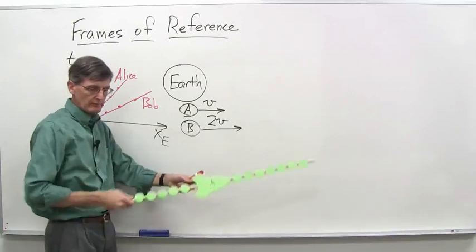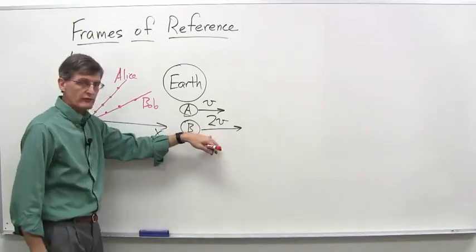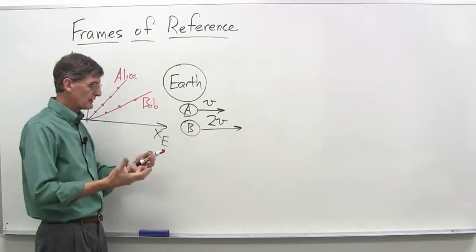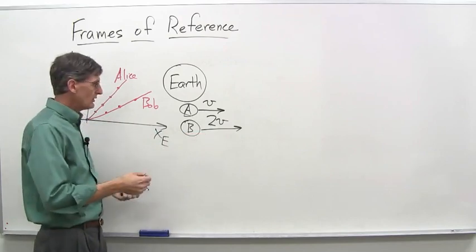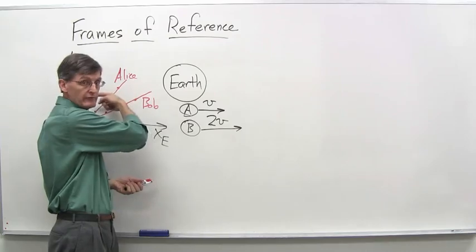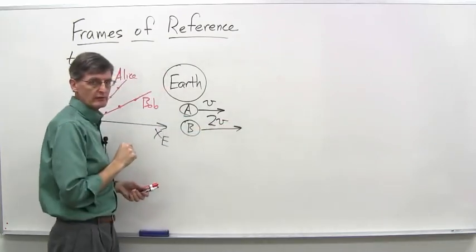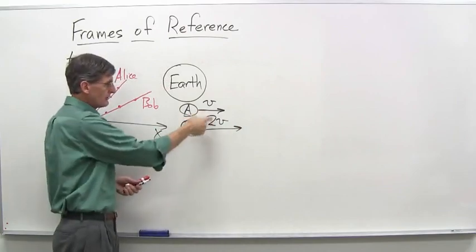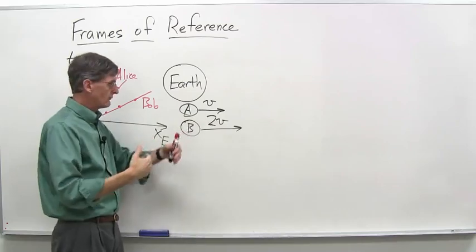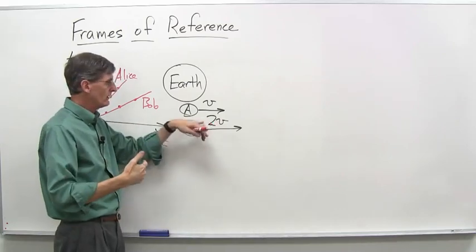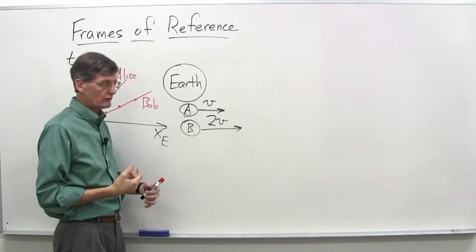Bob is going out to the right because, of course, Bob is going twice as fast as she is. So from the perspective of her cockpit, she sees Earth receding at velocity v. She sees Bob going away from her at velocity v as well, because the difference between Alice's and Bob's velocity is just v. 2v minus v leaves us just v.